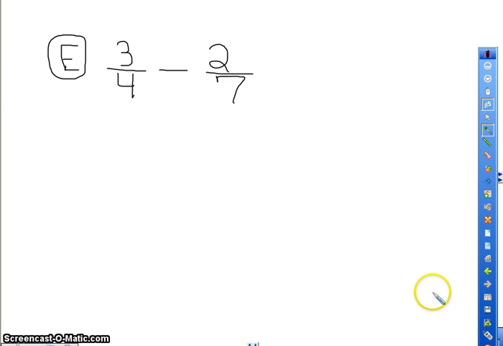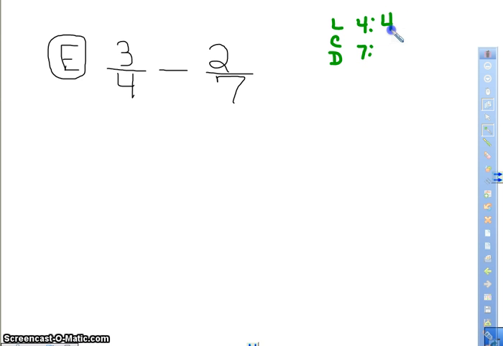And we are on to our last problem. So I need to rename again. My LCD I'm going to find by taking 4 and 7. So I have 8, 12, 16, 20, 24.